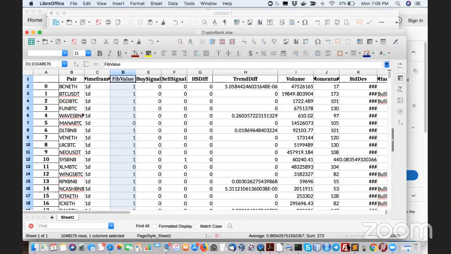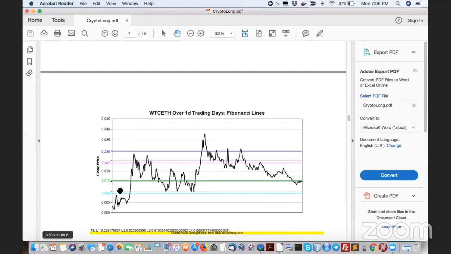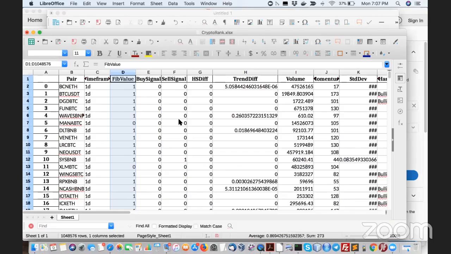I do that by looking at the historical pricing, since the inception of the cryptocurrency pair, since day one, and we can see if it's overvalued or undervalued. In this case, it's somewhat undervalued, just because the markets are pretty well hammered right now in the cryptocurrency space for the last number of months. So going back to the spreadsheet, that's what fib value means, if it's within our golden zone.